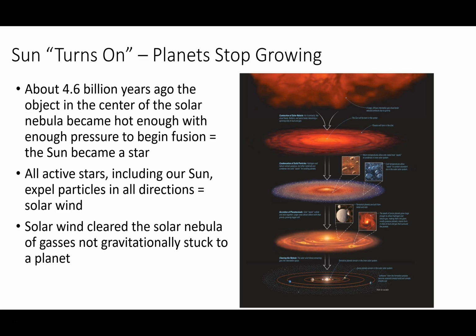So from top to bottom, that's how this one works. Up here we have the nebula flattening out, and the reason it flattened out is because of its rotation. And then here you can see some accretion going on, planetesimals forming.